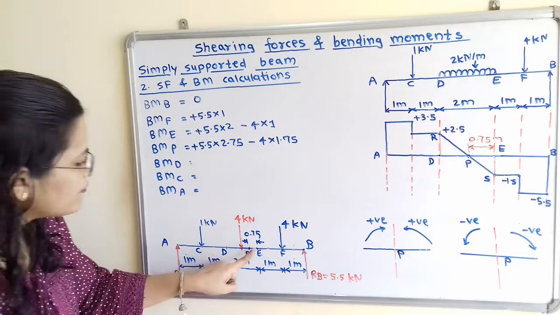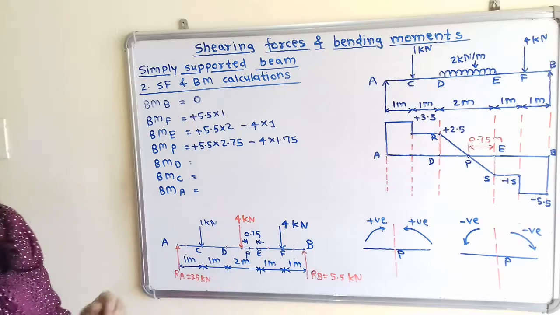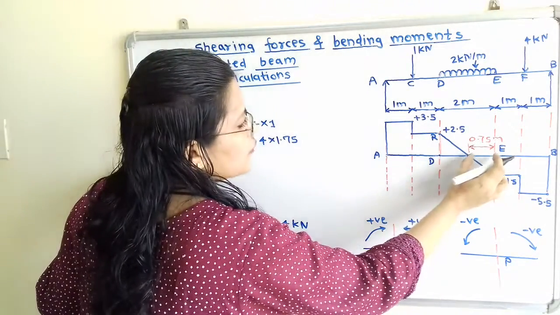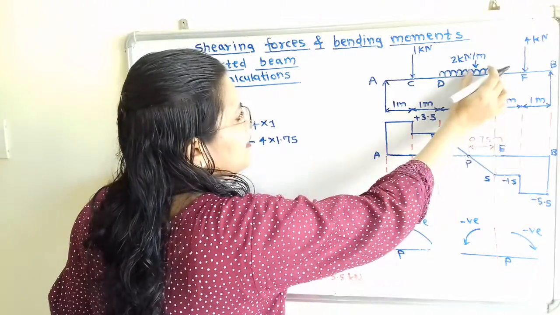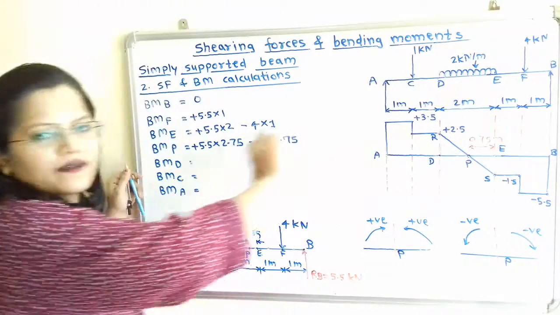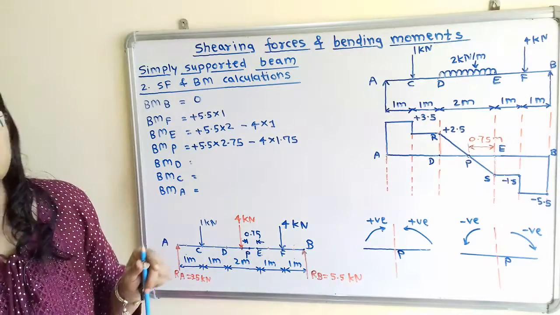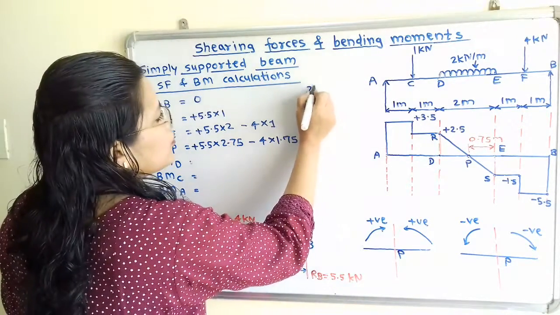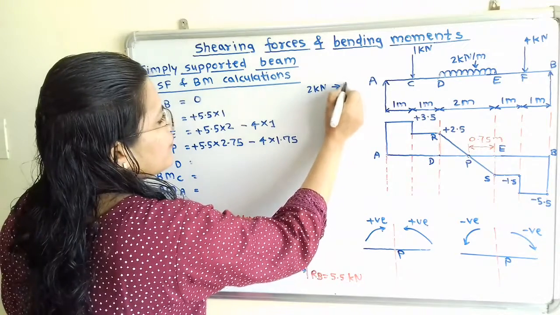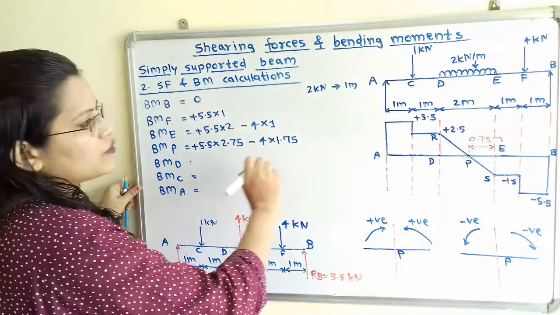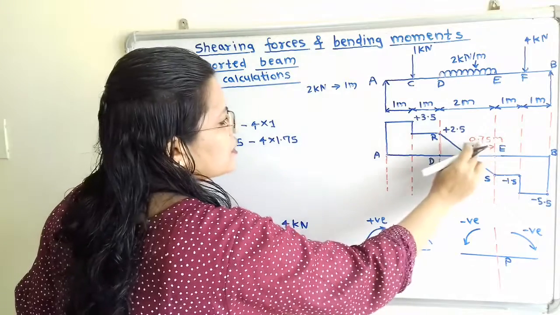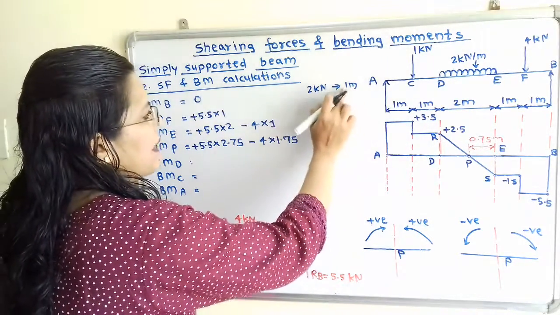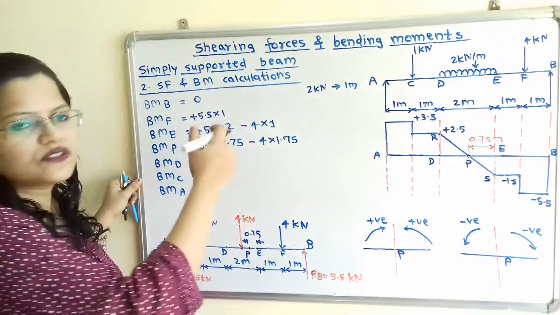Now again, in between P and E, if we observe this 0.75 meter span, it is having uniformly distributed load, and this uniformly distributed load is 2 kilonewton for 1 meter. So what is this load over this 0.75 meter? Over the span of 1 meter, load is 2 kilonewton.